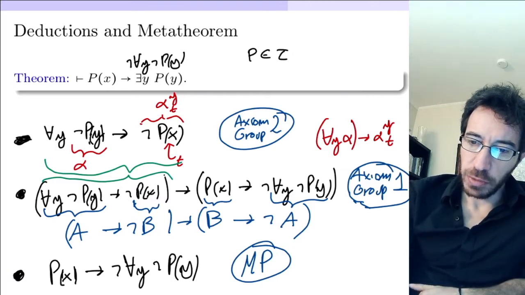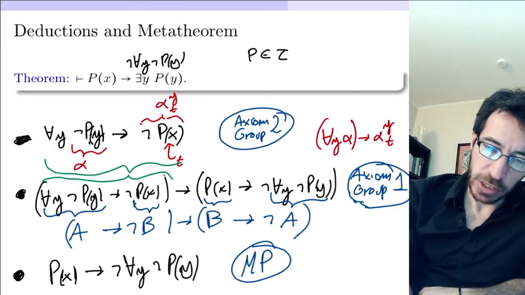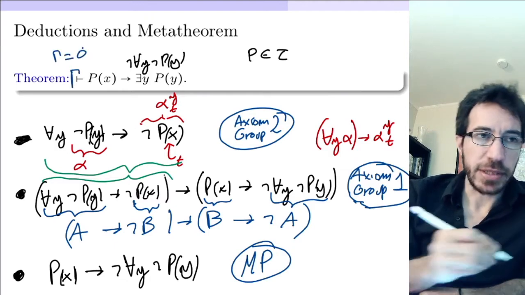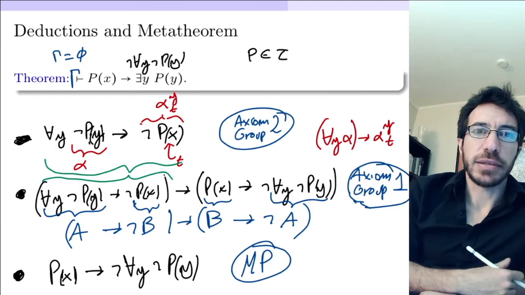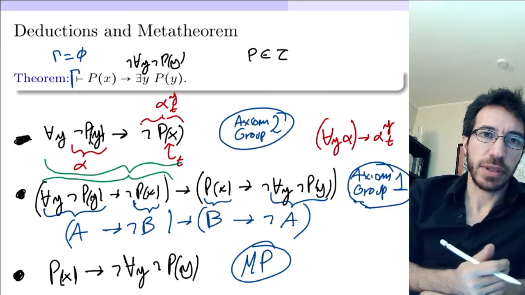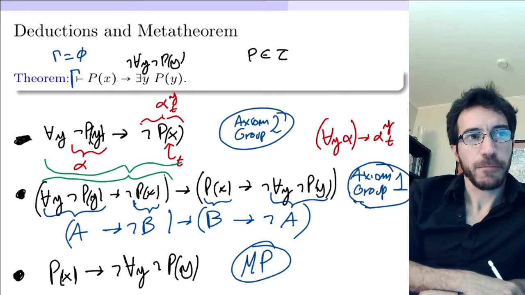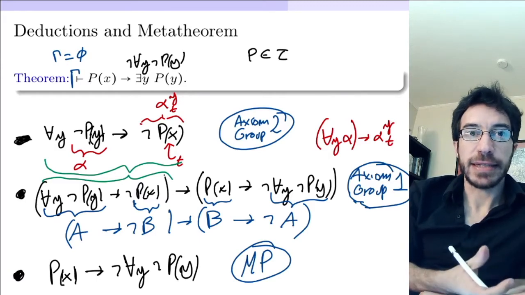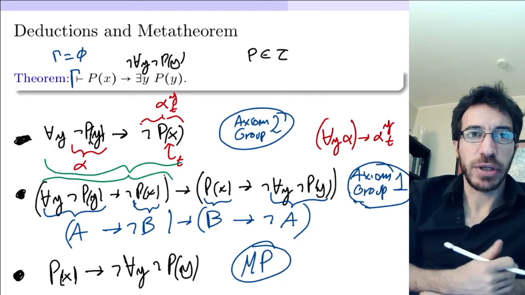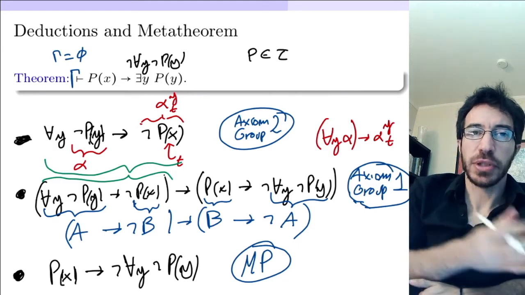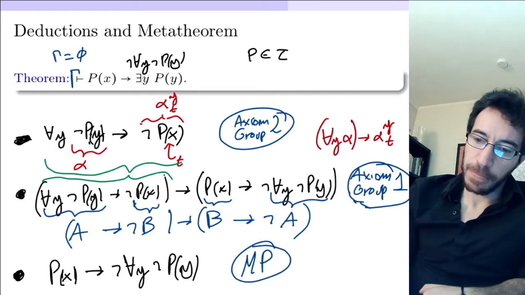So essentially we are thinking of there being a gamma here, where gamma is the empty set. If you don't write anything, it is the same thing as assuming the empty set. This doesn't need any assumption. This is a theorem that you can prove without any assumption. It just follows from the logical rules, essentially the logical axioms and the modus ponens rule.